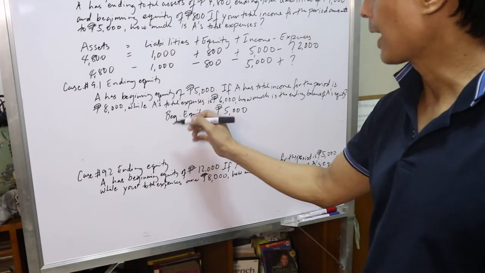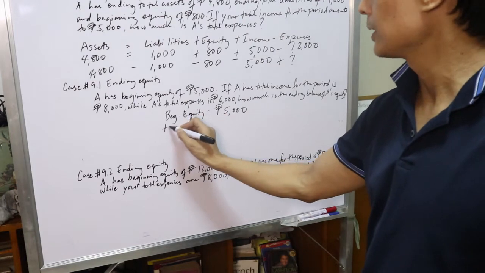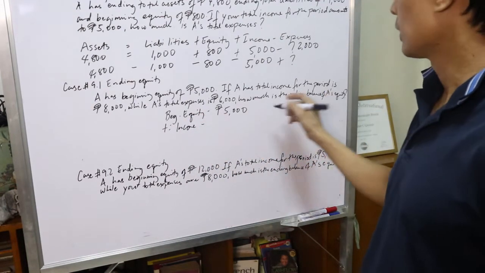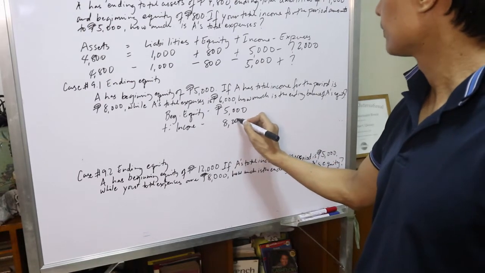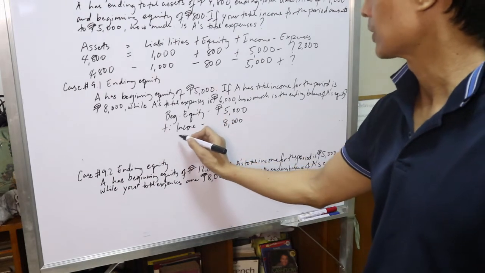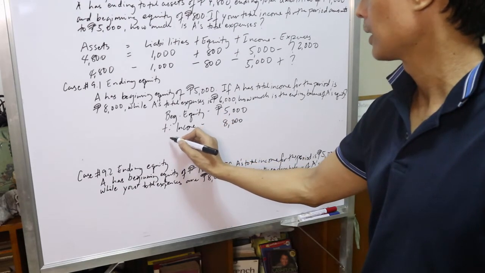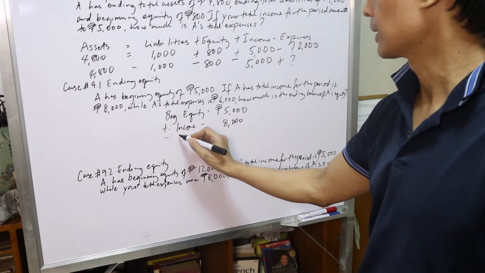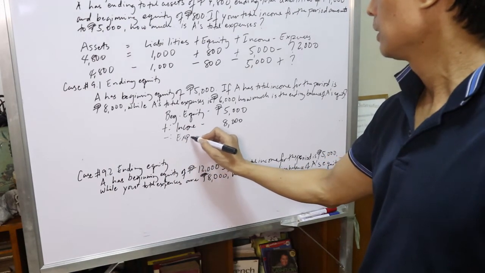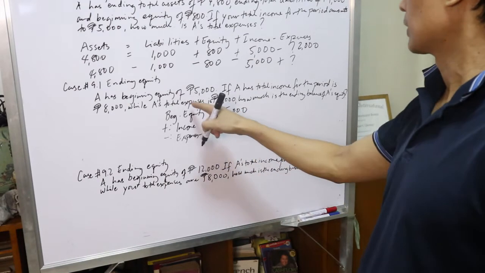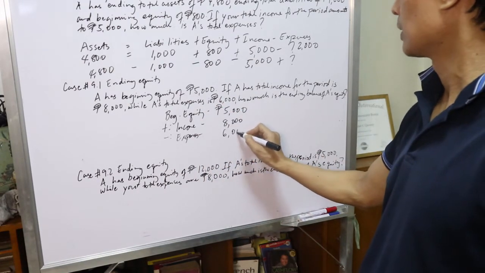Total income, so i-add lang natin dun sa beginning equity is the income. Total income for the period is 8,000. And while A's total expenses is 6,000, so minus naman natin expenses. Okay, so this one is 6,000.